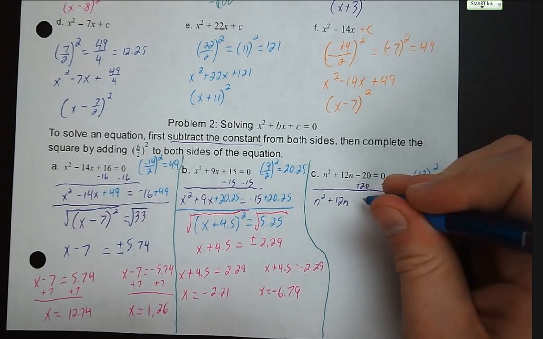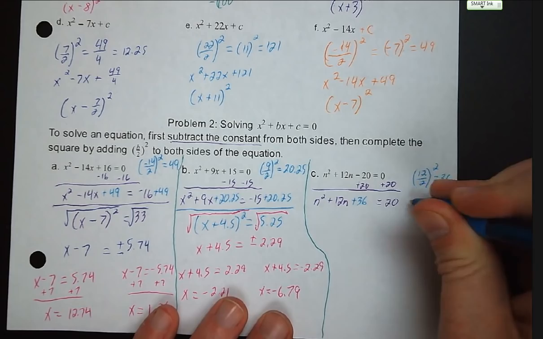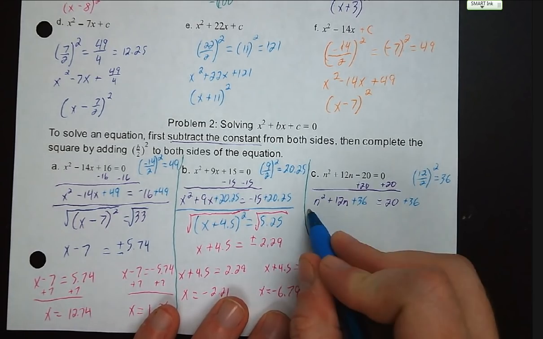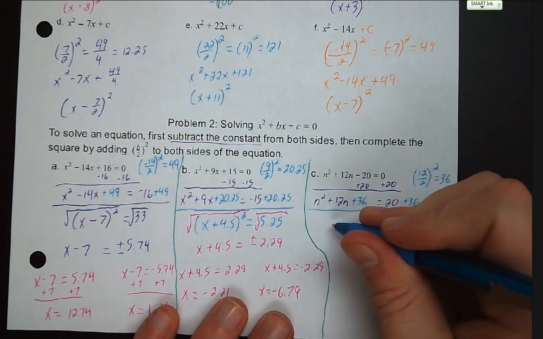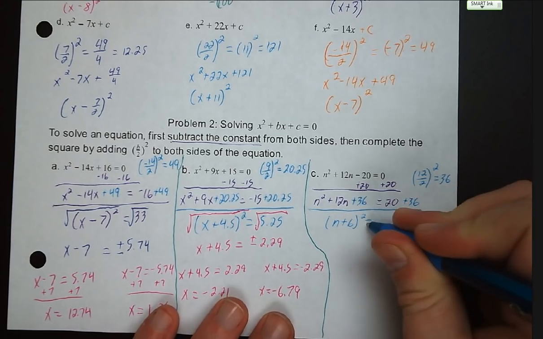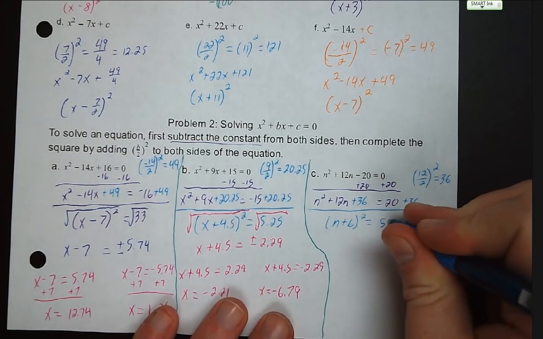So I add 36 to both sides of the equation. And I can factor this, because I know it's a perfect square, n plus 6, quantity squared, equals 56.